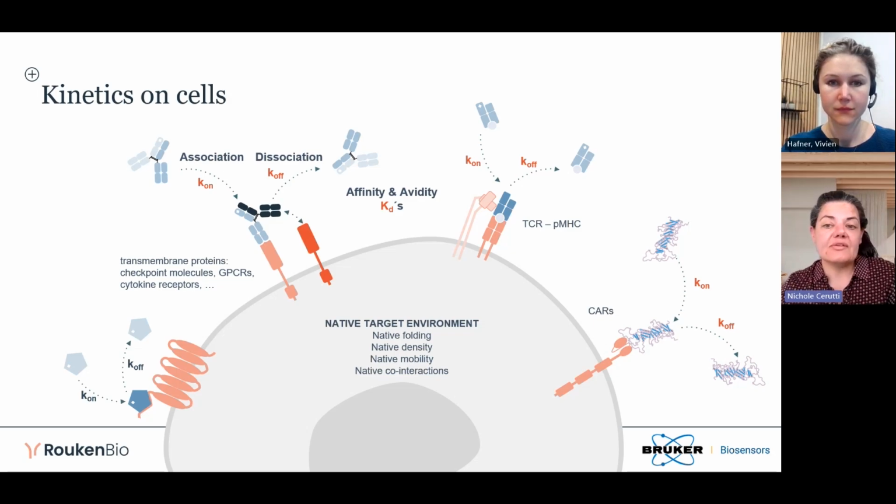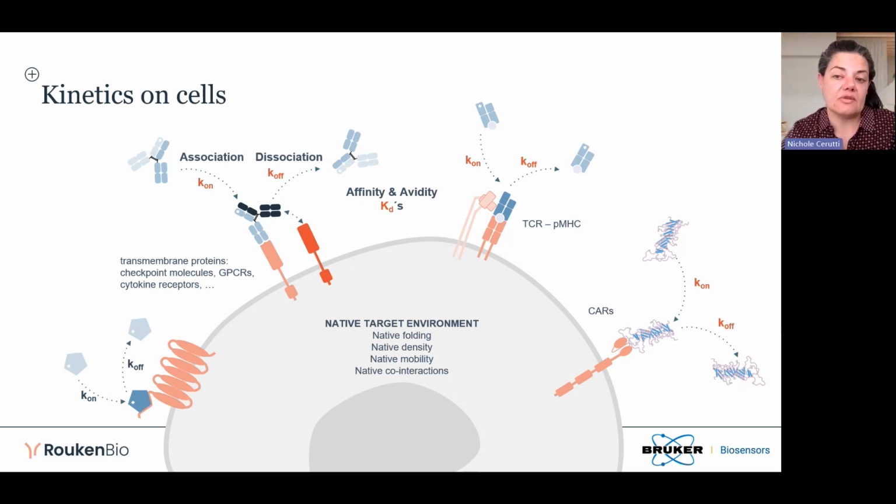Ultimately, cell-based kinetic measurements provide insights that are much closer to what we'd expect to see in actual biological systems. And it makes this data highly relevant for predicting therapeutic efficacy, for optimizing dosing, and also for minimizing off-target effects, which is what you see in real world conditions.